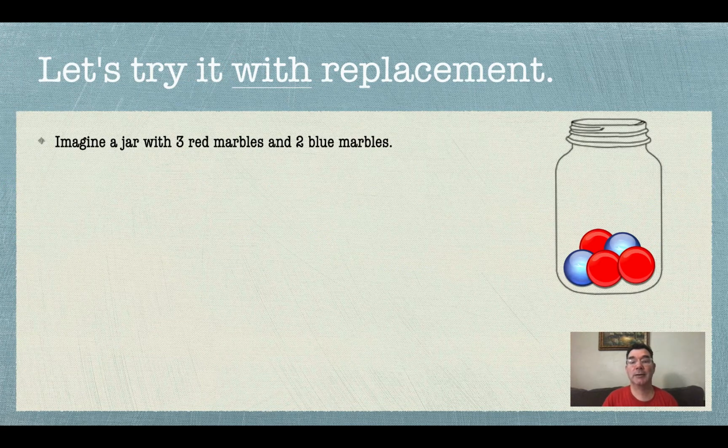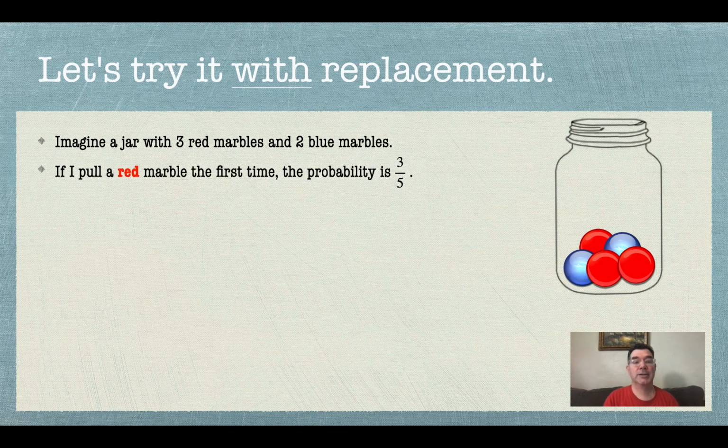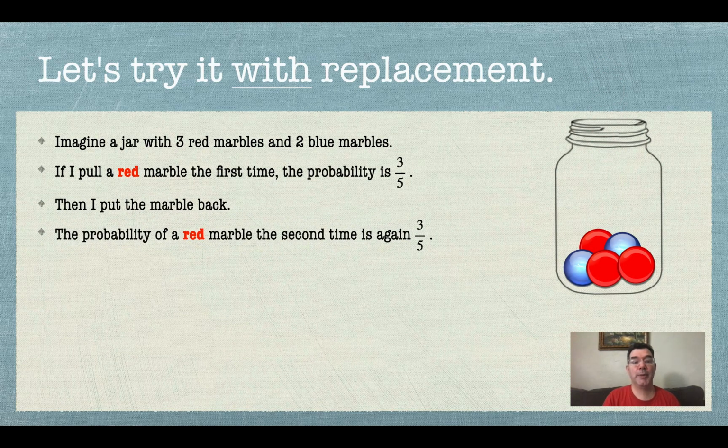So here's a clearer example of what I'm talking about. Let's say that there's a jar with 3 red marbles and 2 blue marbles. And so if I pull a red marble out the first time, the probability of me being successful with that is 3 out of 5 because there were 3 red marbles and 5 marbles total. Then I put the marble back. The probability that I pull a red marble out the second time is still 3/5.